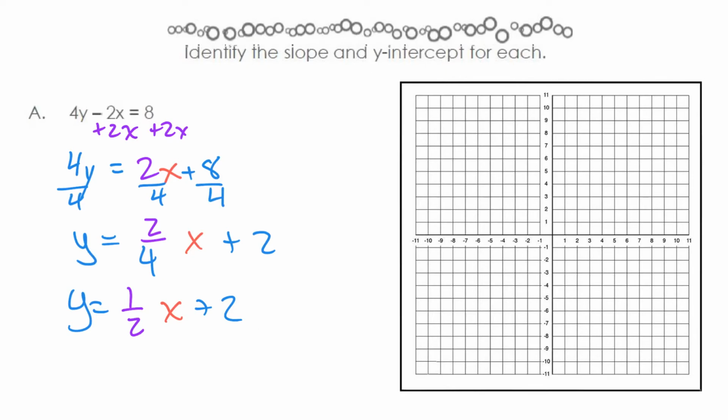Okay, so I'm going to look at my graph, and my y-intercept is at 2. And then my slope, I'm going to count, go up 1 over 2, up 1 over 2, up 1 over 2, up 1 over 2.